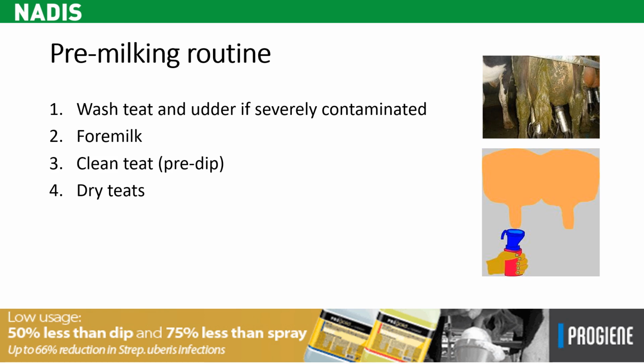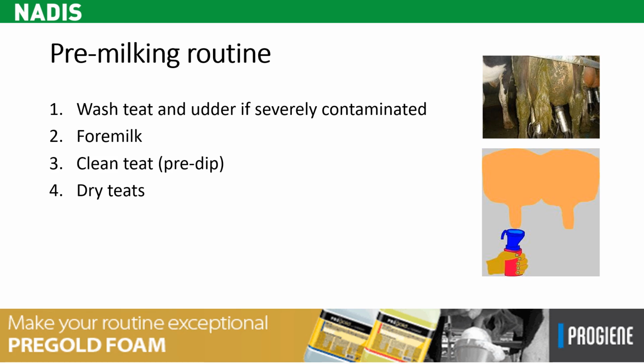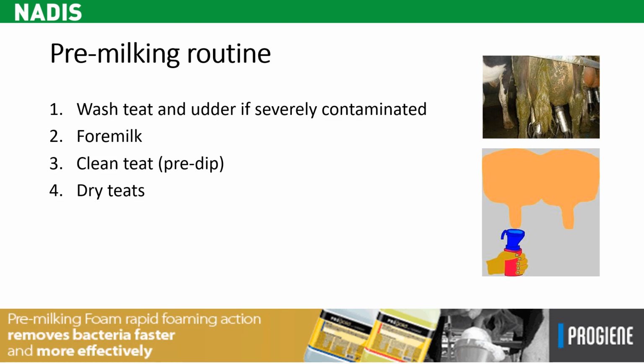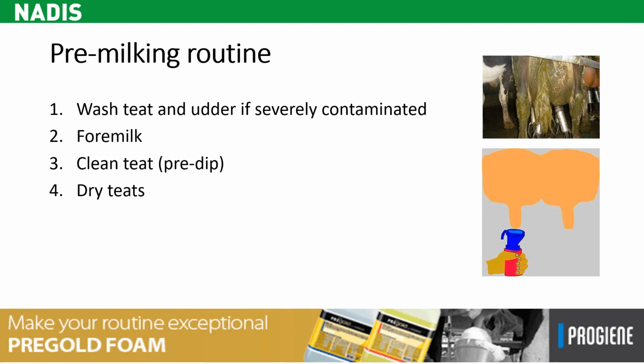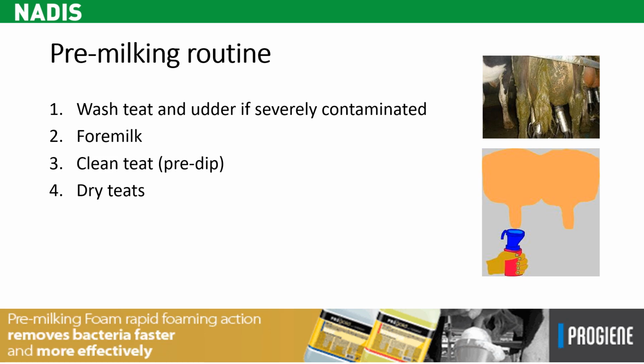There are two important properties for all pre-milking dip products. They must be quick-acting to kill off bacteria before milking, and must contain a detergent to aid in cleaning the teat surface. Doing things in the order shown will kill any bacteria that have been released from the udder by foremilking.